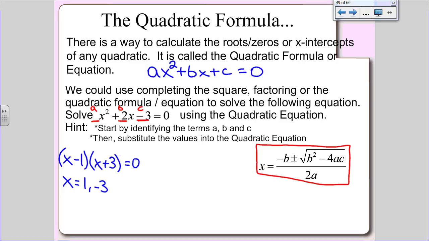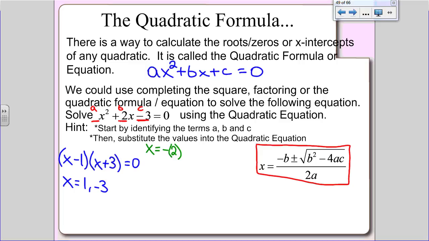First step is I'm going to replace every variable with a number from my quadratic. So that's going to be x equals negative b. So I'm going to go negative bracket 2. And every time I replace something, I'm going to put a bracket, because it's going to help me keep all my negatives in check.